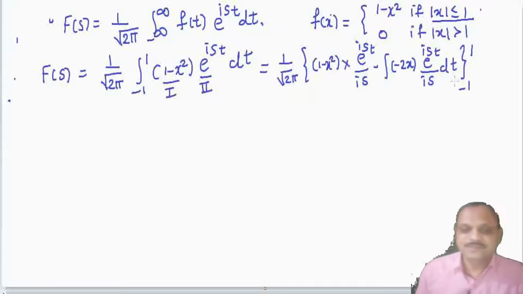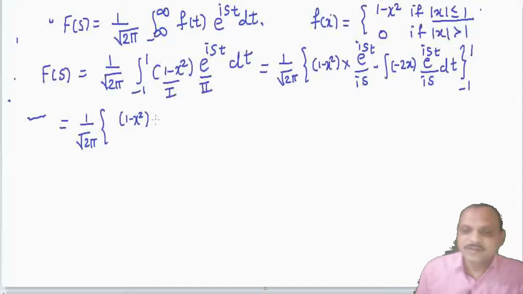This equals 1 divided by under root of 2 pi into 1 minus x square e raised to ist divided by is, minus minus becomes plus, and 2 divided by is.